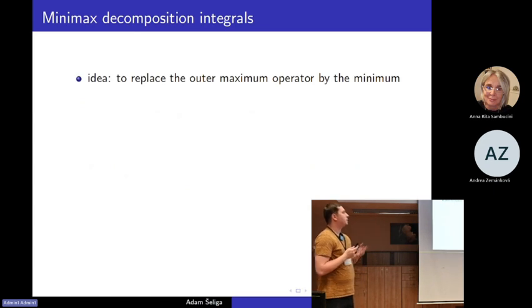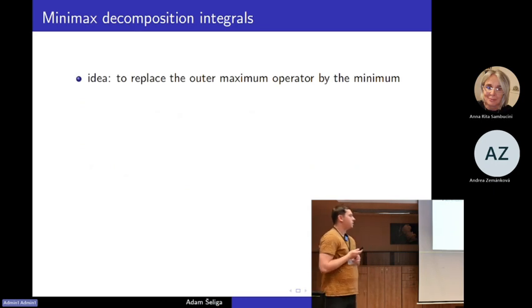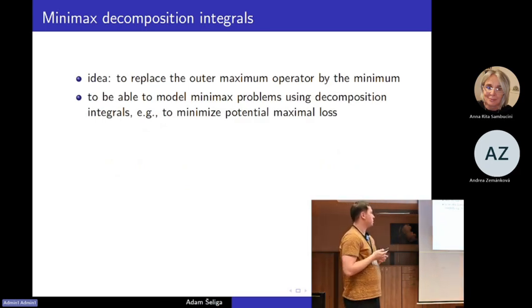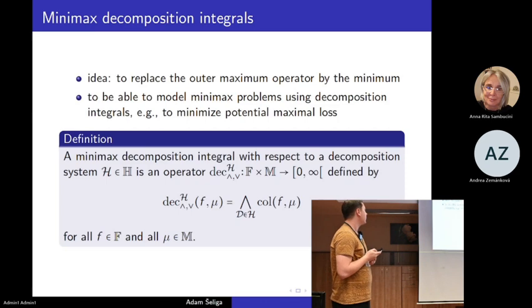So now let's define the minimax decomposition integrals. The main idea is to replace the outer maximum operator by the minimum operator. And why is this beneficial, or why should we do that? We want to be able to model some minimax problems. For example, we can minimize the potential maximal loss, which can be modeled by collections and decomposition integrals.